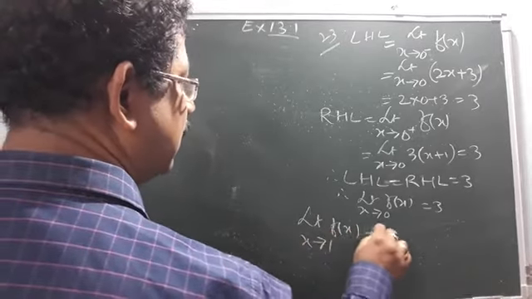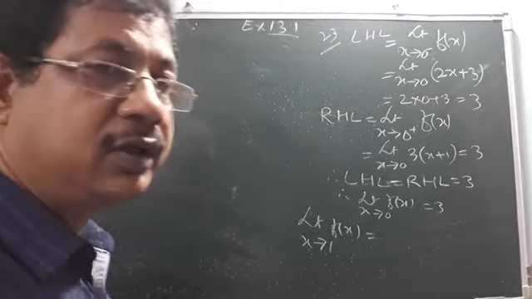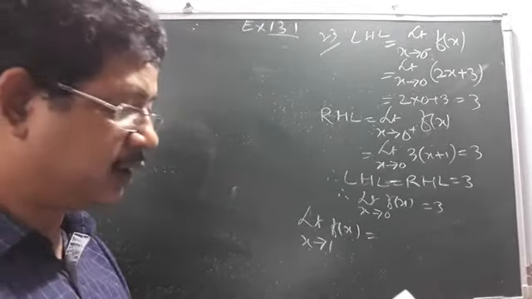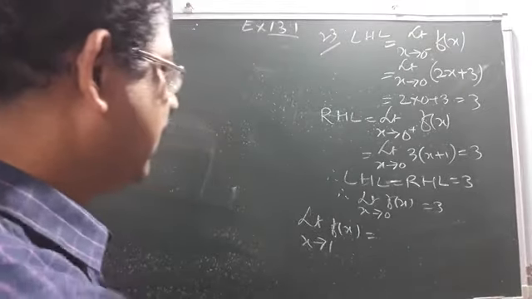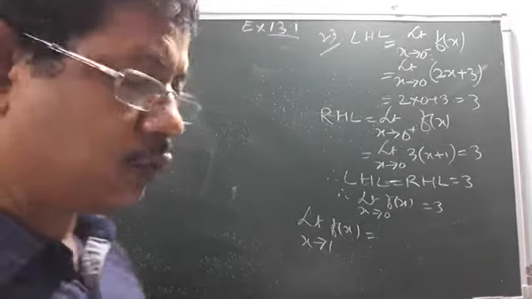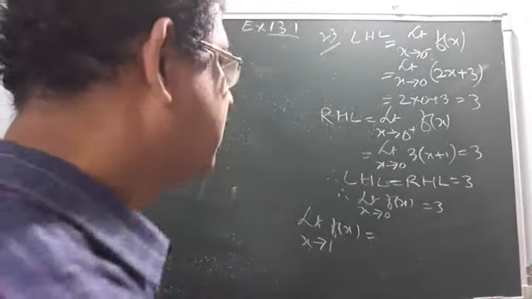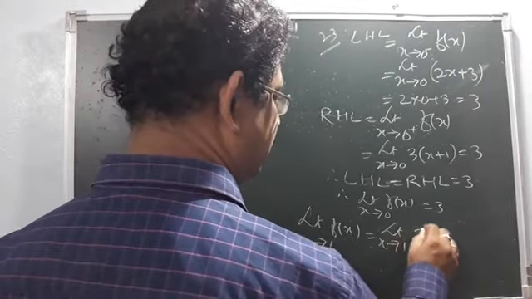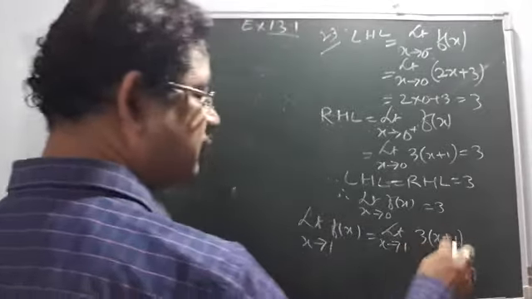And if x tends to 1, here we have calculated LHL and RHL only for the reason that there are two values, one greater than 0 and one less than 0. As x tends to 1, it will automatically be greater than 0, so f(x) you can replace by 3x plus 1. Why is f(x) 3x plus 1?